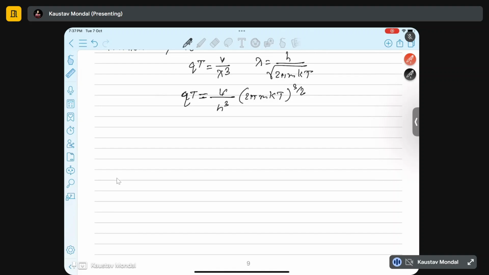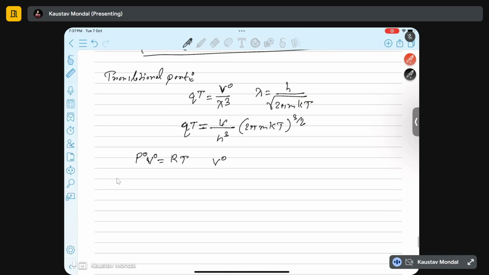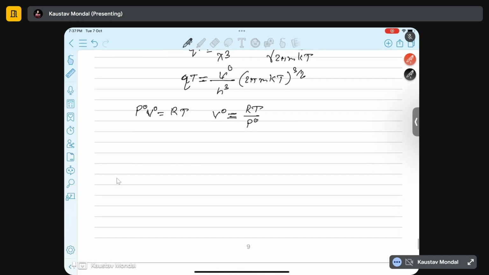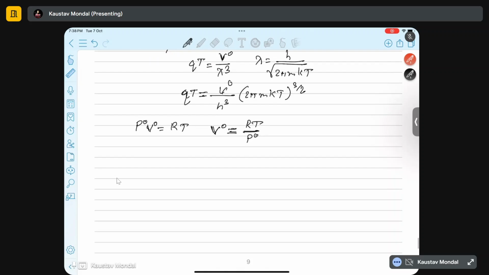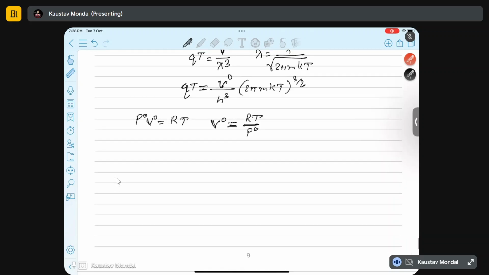Now from the standard condition we know that P0 V0 equal to RT. So V0, since this is standard condition, V you can write as V0, which is basically RT by P0. The advantage of writing V0 like this is that in standard condition we know P0 and the temperature is also mentioned, so we can calculate. That is the reason we are writing V0 in terms of T and P0.